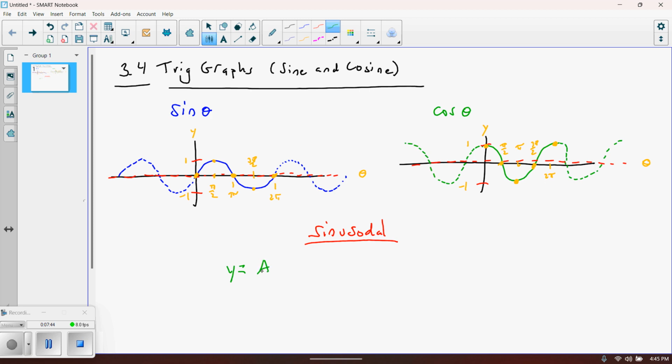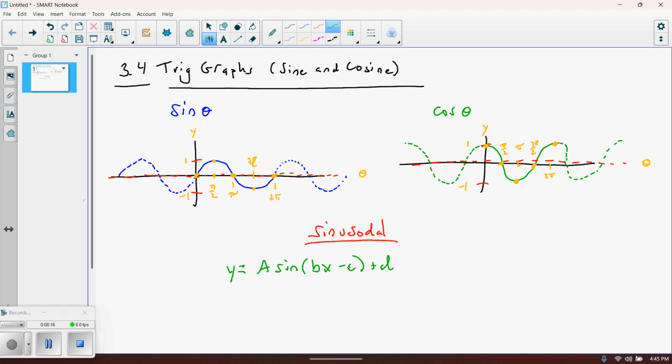You've got A sine of bx minus c, plus d, where A, B, C, and D all do some kind of shifting and other information to your sine and cosine curve.